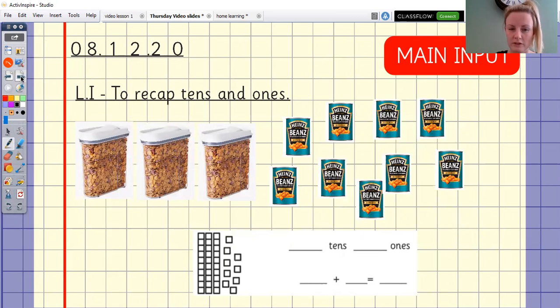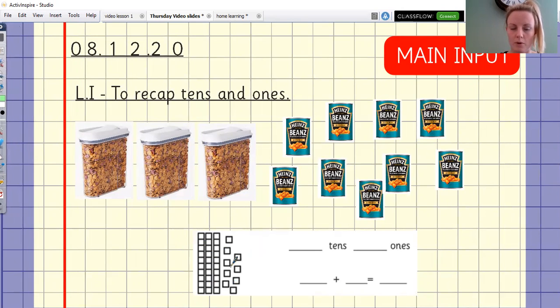Then you might have some questions that look a little bit like this. So this is how we would show it in school with our tens and our ones, but I have used my cereals and my tins again to try and help me represent it. So I've got 1, 2, 3 lots of 10. So 10, 20, 30. So I'm going to write 3 tens. Then I'm just going to check.